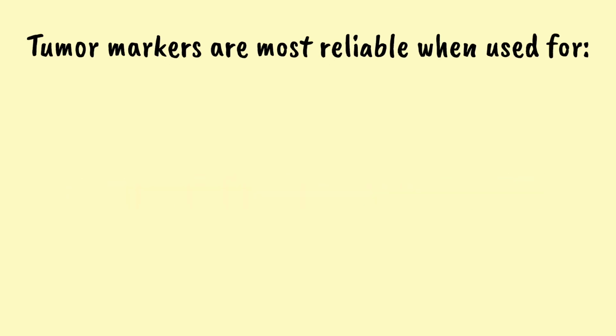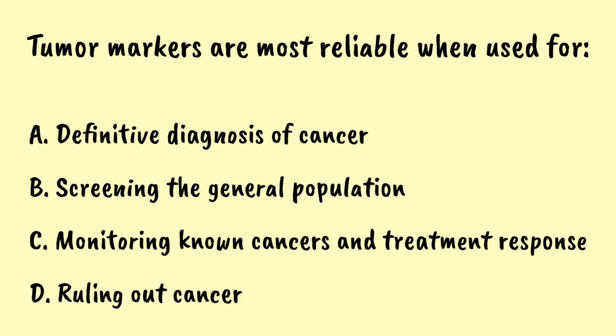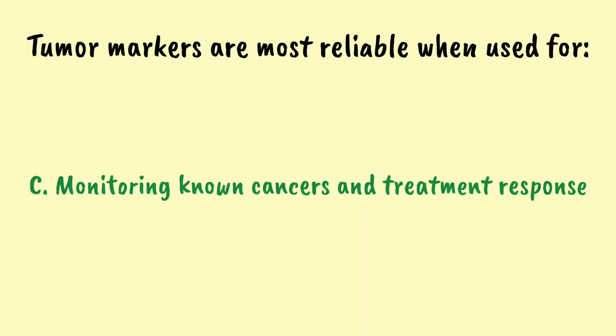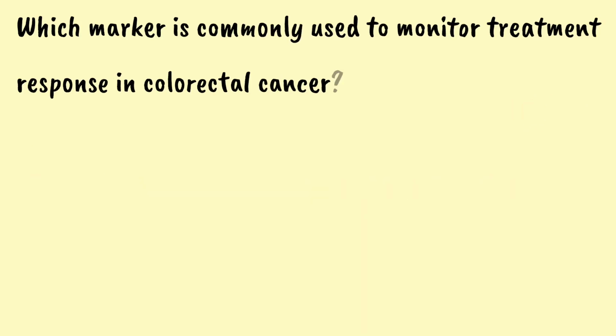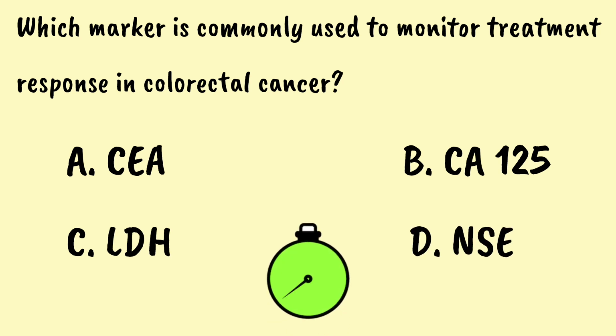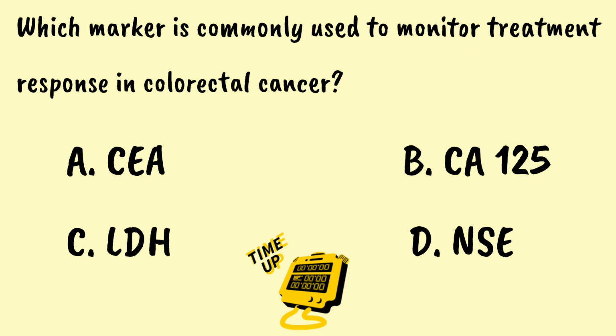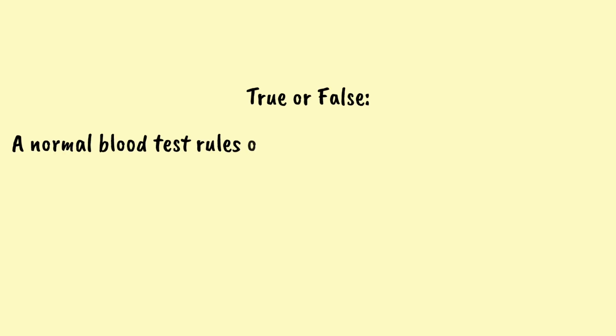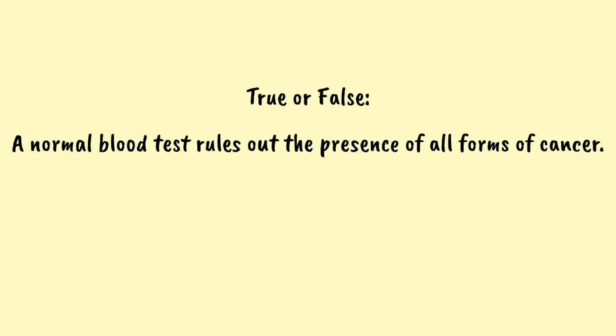Tumor markers are most reliable when used for... Which marker is commonly used to monitor treatment response in colorectal cancer? True or false: a normal blood test rules out the presence of all forms of cancer.